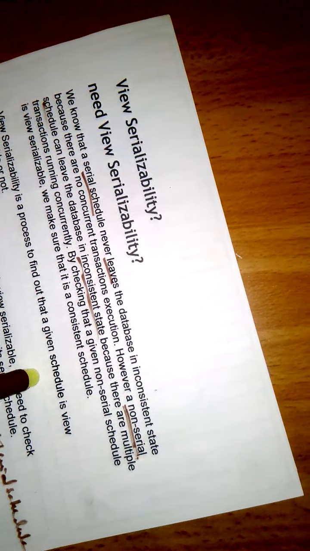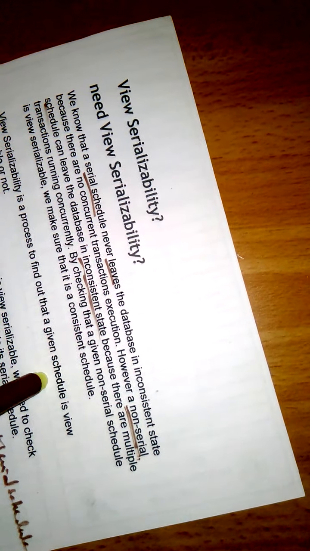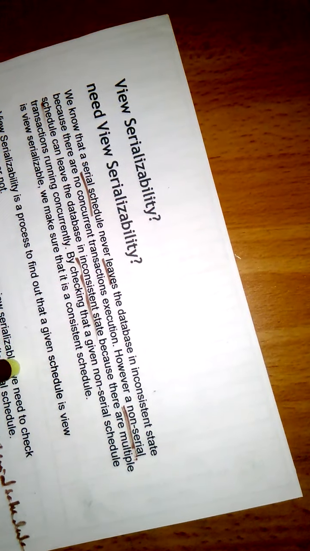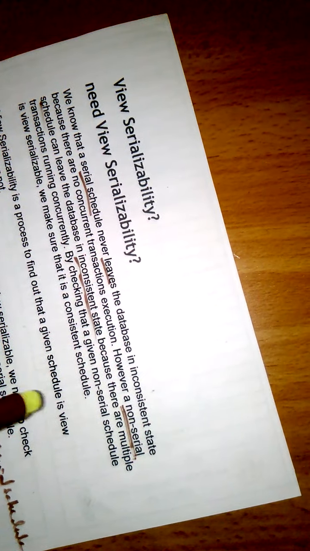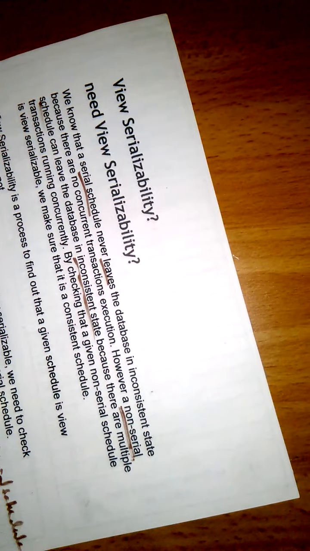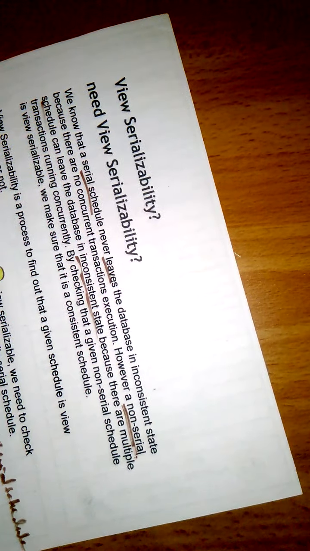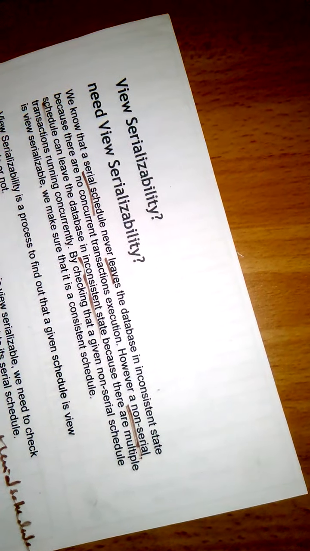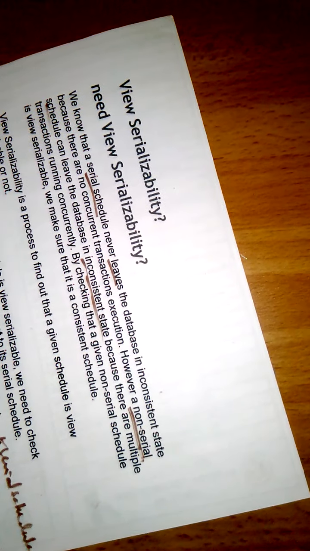If it is, we have to check whether it is view or conflict. So how do we know whether a given non-serial schedule is view serializable or not?